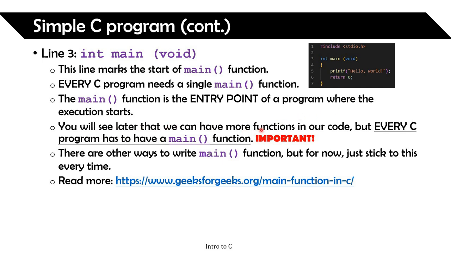At a later point we will see other topics where we will add more functions. We can have more functions, but every C program must have one main function. Without it, it won't work. There are many other ways to write the functions, but for now we will stick to this format.